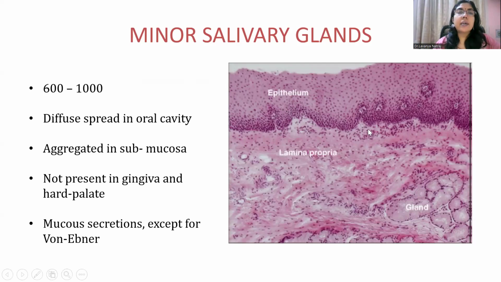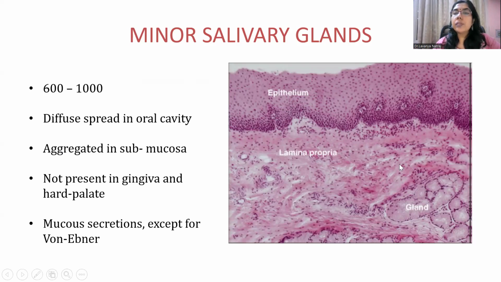Coming to the minor salivary glands, they are numerous in nature. About 600 to 1,000 glands are there in the oral cavity, and they have a diffuse spread throughout the oral cavity. Mostly they are aggregated in the submucosa. Now, what do you mean by the submucosa? As you can see in this picture, you have the epithelium and the lamina propria, meaning the connective tissue.